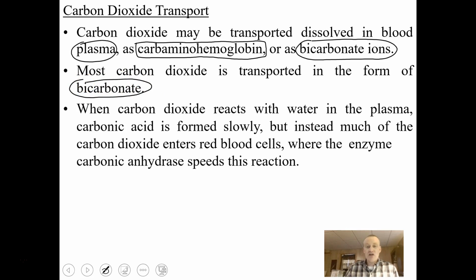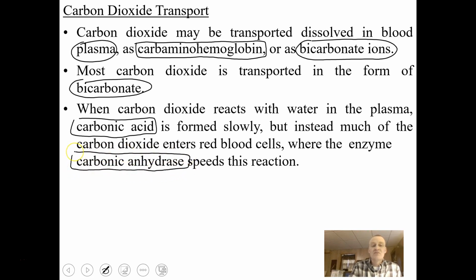When carbon dioxide reacts with water in the plasma of your blood, we form a substance called carbonic acid. Carbonic acid is slow to form, but much of the carbon dioxide that enters into red blood cells is converted by an enzyme called carbonic anhydrase to form this carbonic acid.